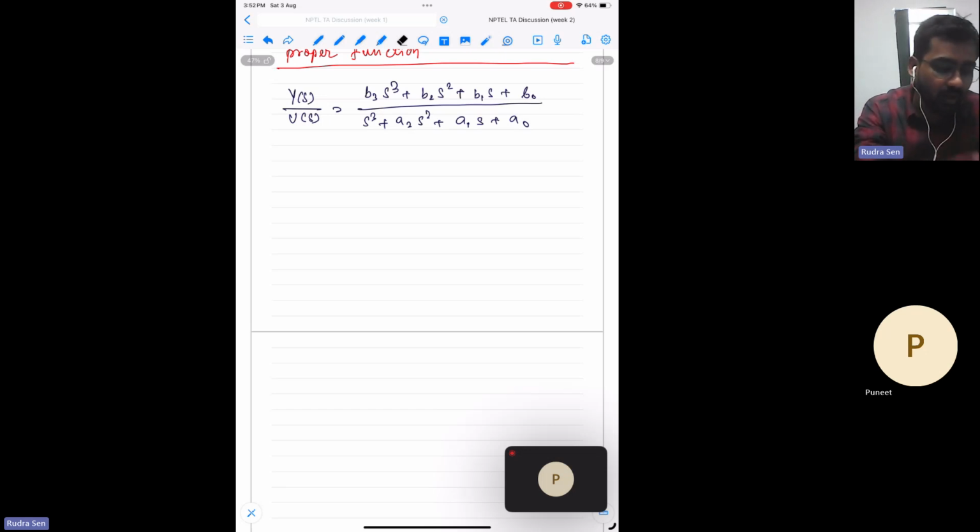So what we have to do is make this proper function into a strictly proper function. How can we do that?